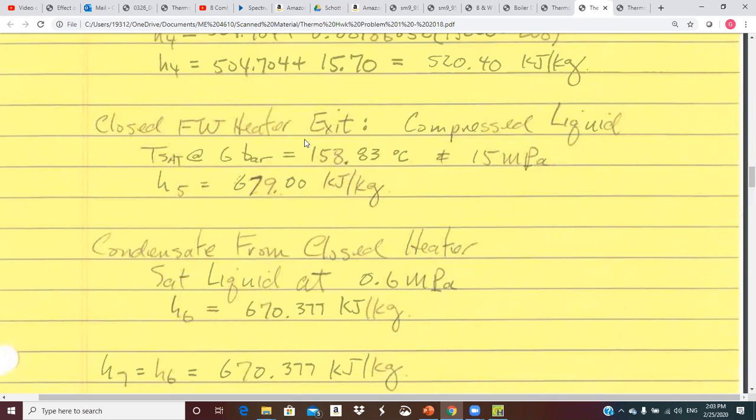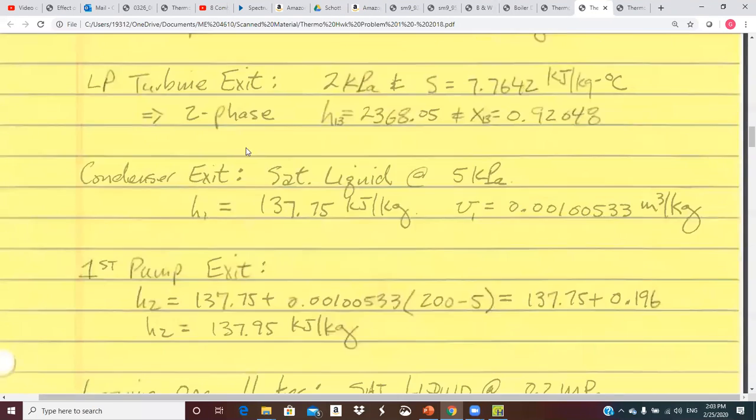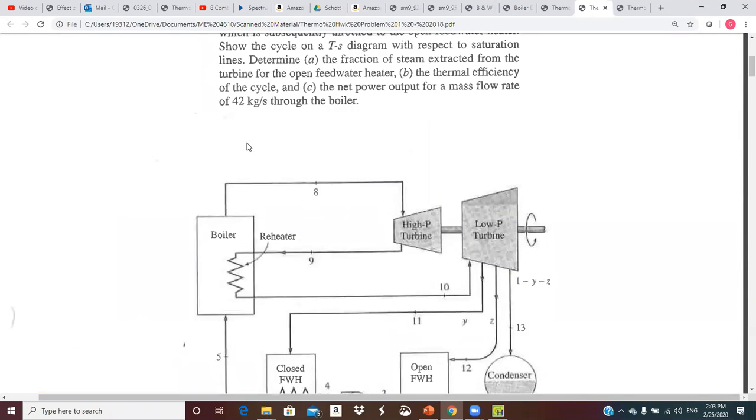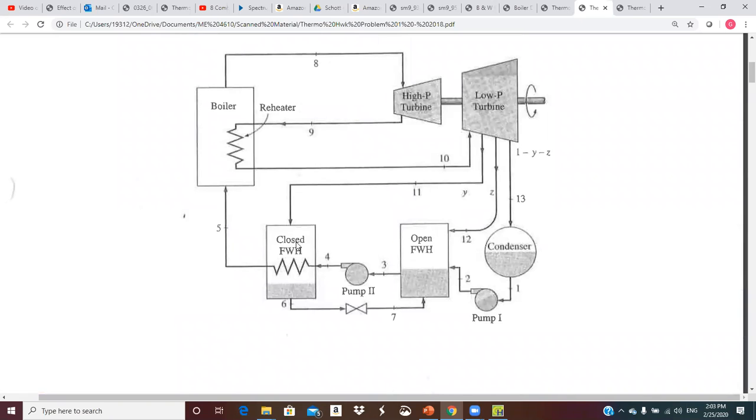Okay, so closed feed water heater exit, compressed liquid. It says to consider it to be the saturation temperature at 6 bar, and that's the extraction pressure. So this is operating at 6 bar.